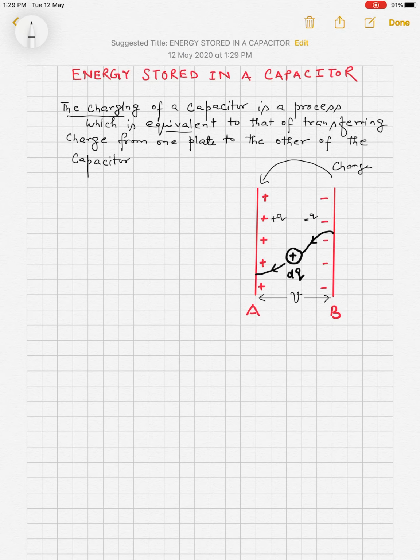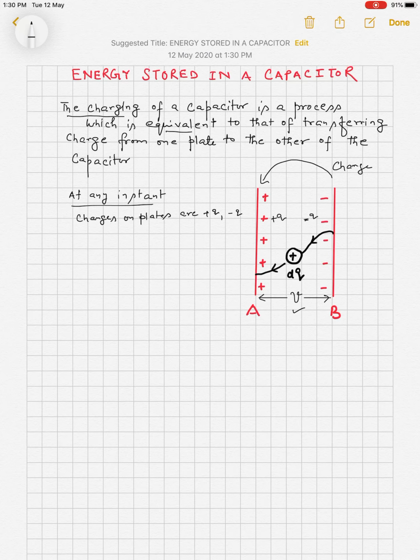So at any instant, the charges on the plates are plus Q and minus Q. Due to these charges on plates A and B, there is a potential difference.